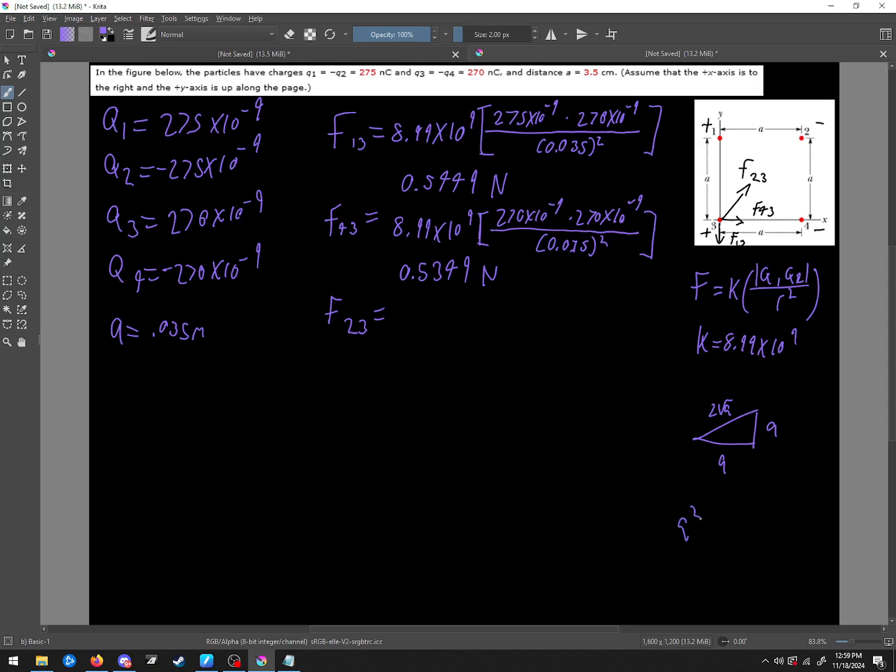Let's see, A squared plus B squared equals C squared. So this would be C squared plus B squared equals C squared. Yeah, okay.